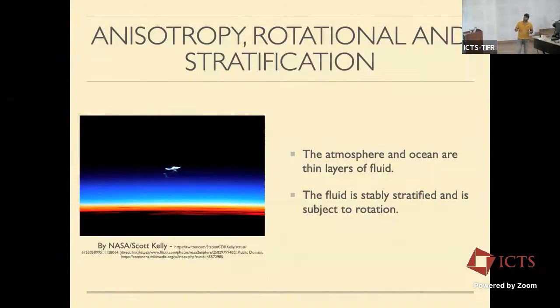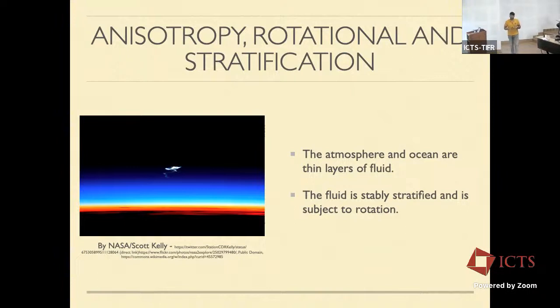So here's a nice photo which I took from NASA's website, of a re-entry of, I think, some space shuttle, and you see these light rays which are getting internally reflected and reaching you, and you can look at the troposphere, stratosphere, layers of the atmosphere with different densities, right?